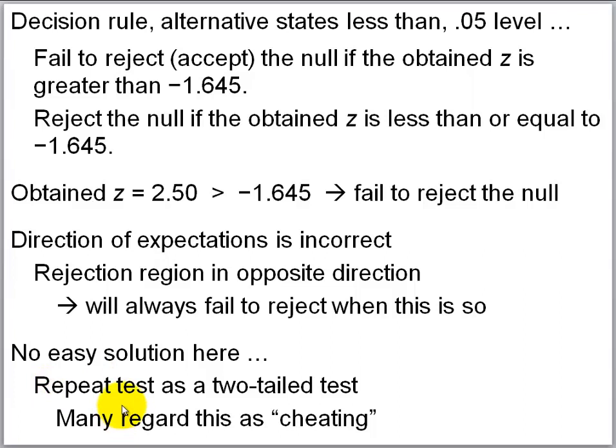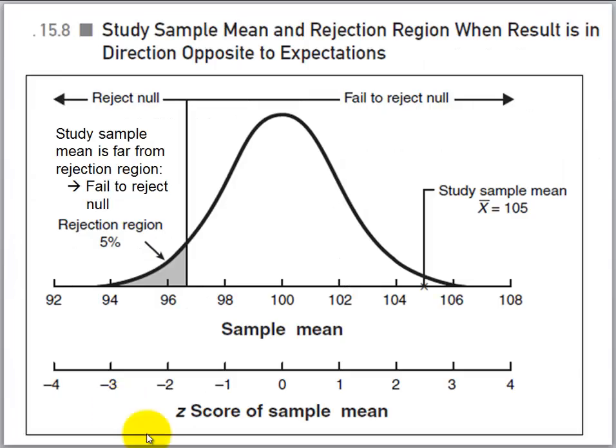Let's take a look visually at our result. Here is our rejection region, given that the alternative is stating less than. It's the 5% tail in the negative direction. So you can see that no matter how far the result moves in a positive direction, the direction opposite to that stated in the alternative, the null isn't going to get rejected.